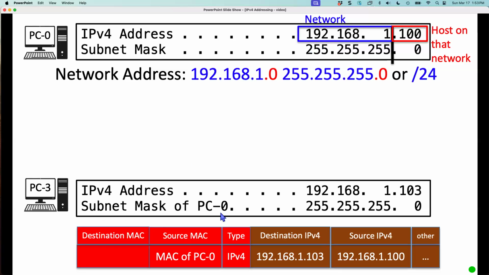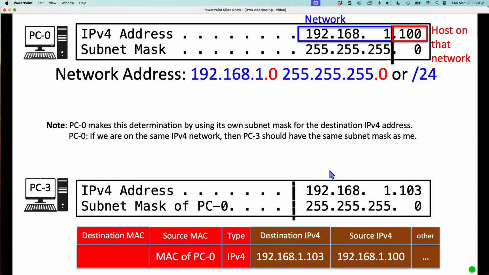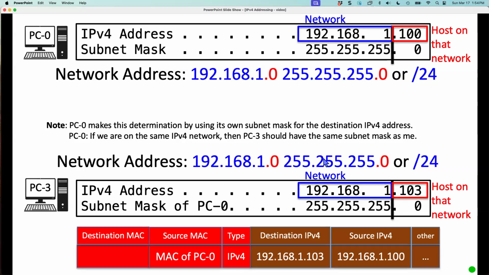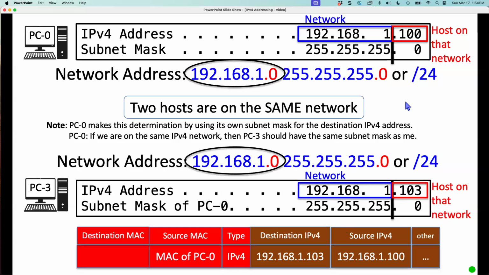So I'm going to use my subnet mask on your IPv4 address. And if that gives me the same network as me, then we're on the same network. Okay, then you must be on my network. So it says, yes, we're on the same network.